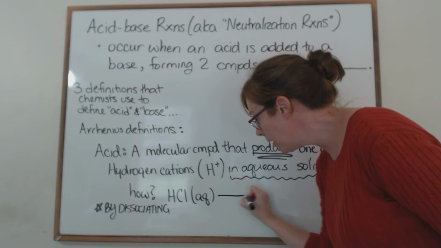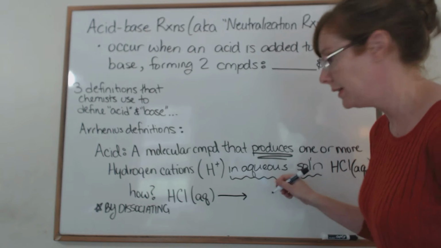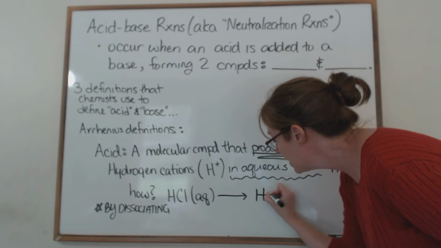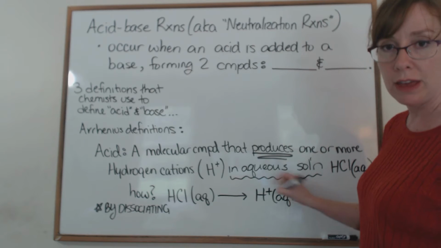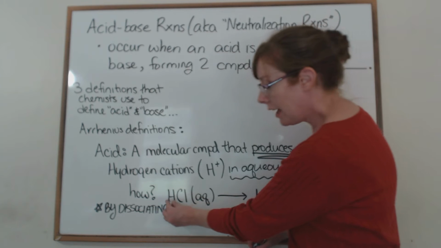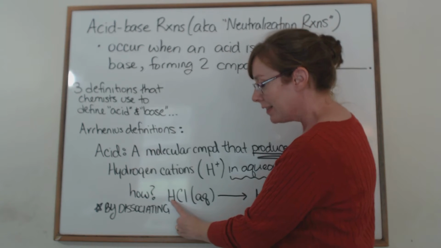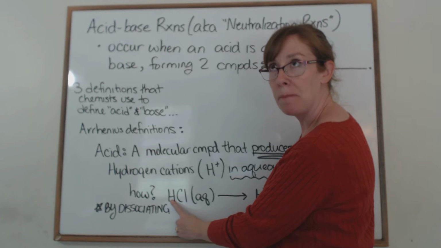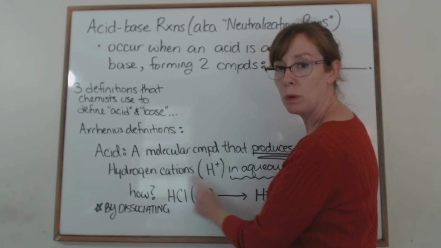And when it falls apart, which means it dissociates, what you get on the other end of that process is the H+ ion, which will be floating around in the water it was in. Basically the hydrogen falls off, but the hydrogen falls off as the cation.